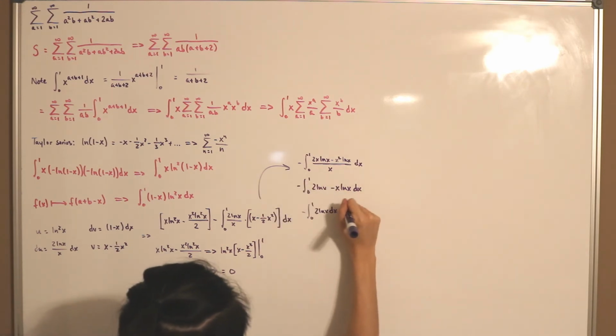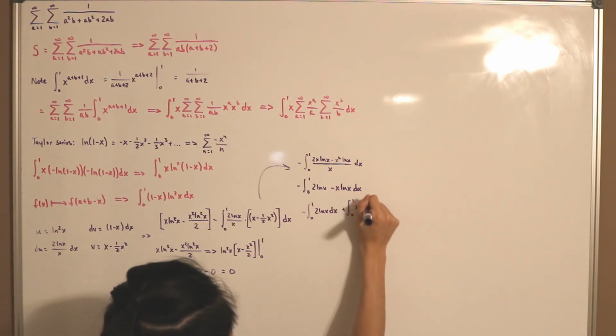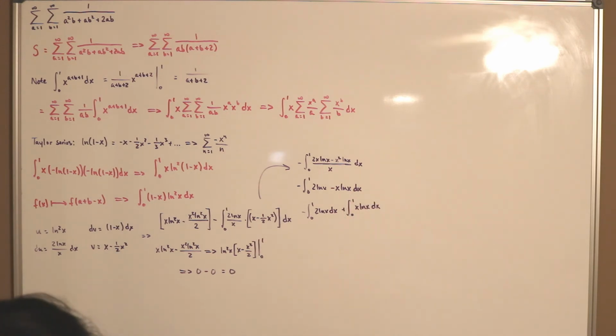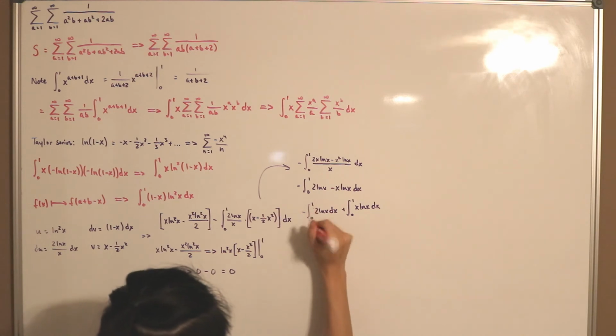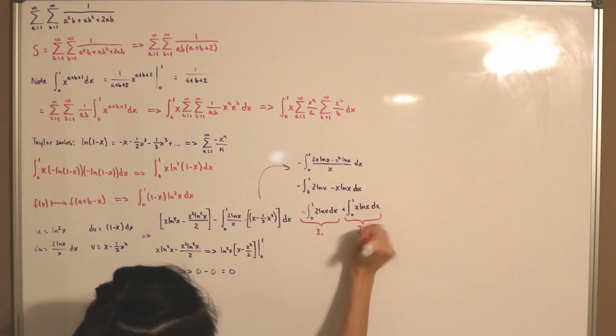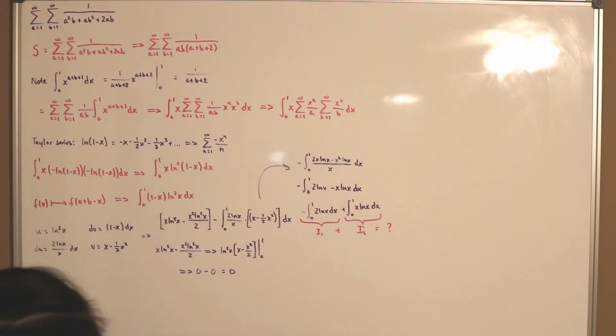Distribute the negative, so that's a plus integral from 0 to 1 of x ln of x dx. Okay, and now I'm going to call this I1 and this I2. So we're just adding the 2 together to get whatever this equals, okay?